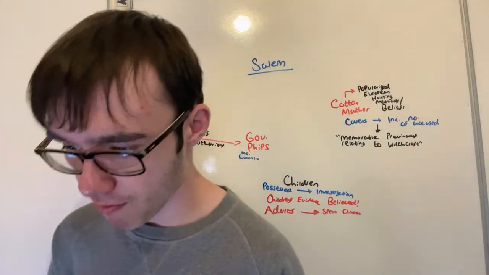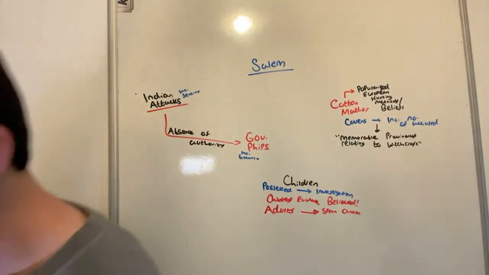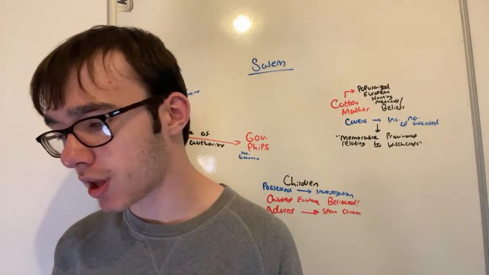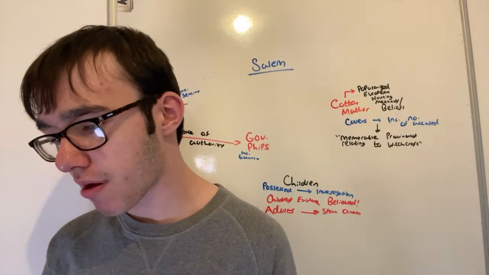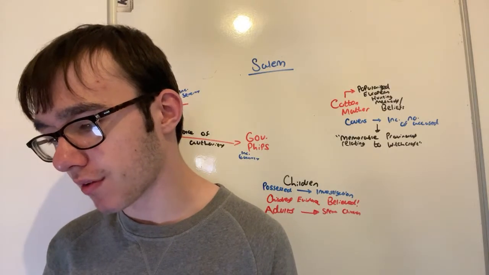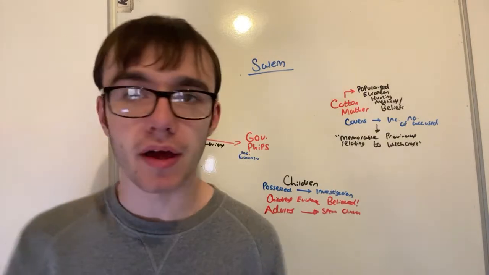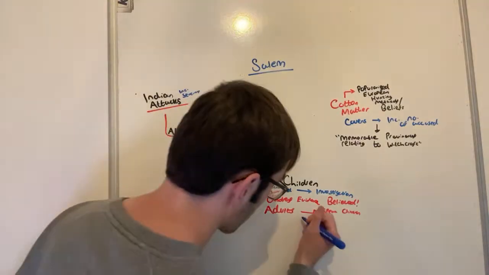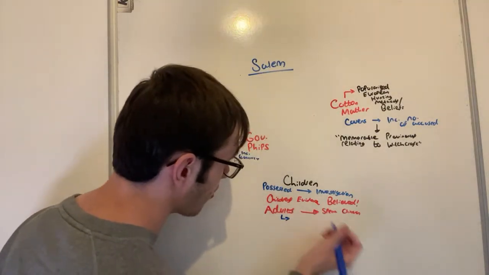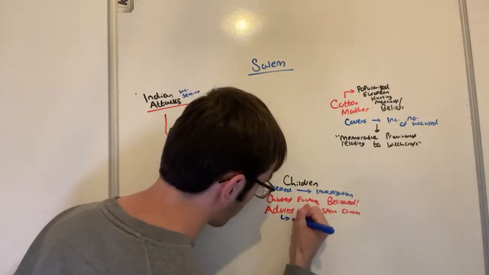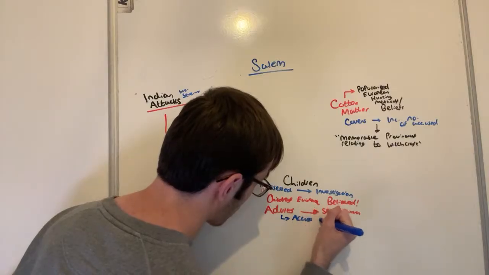To add to this, there's even more. Families used children to accuse their enemies. For example, Anne Putnam was provided with names by her parents. So adults would use the nature of children in these hunts to accuse their enemies.